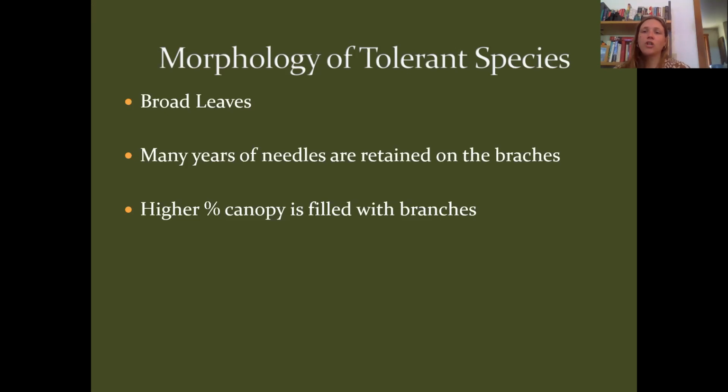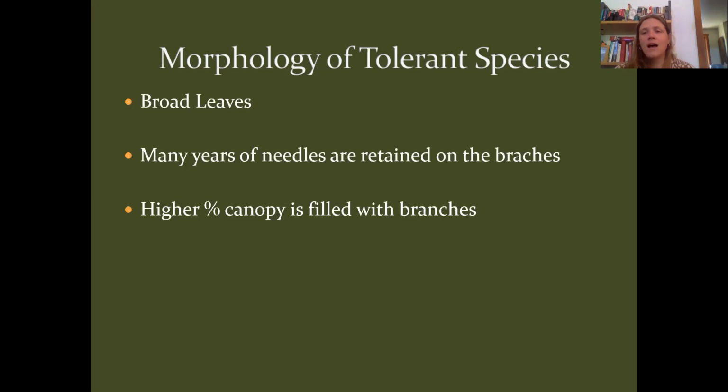Also, the needles tend to be retained on the branches for many years. So you'll have needles going all the way back along the branch close to the trunk of the tree. And that's different than what we'll see in intolerant species. And then also, the canopy of the tree tends to go down closer to the forest floor. So it retains needles farther back on the branches towards the trunk, and it also retains branches filled with needles farther down towards the forest floor.